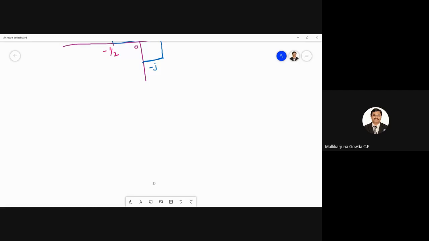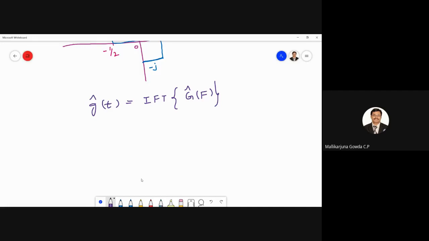See, g cap of t will be equal to what? The inverse Fourier transform of g cap of f.